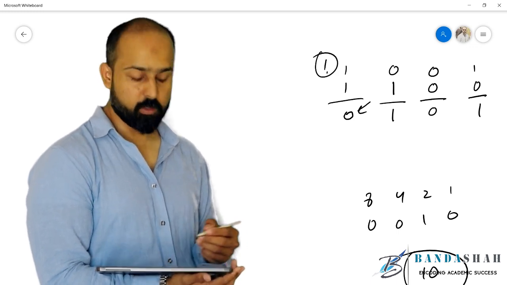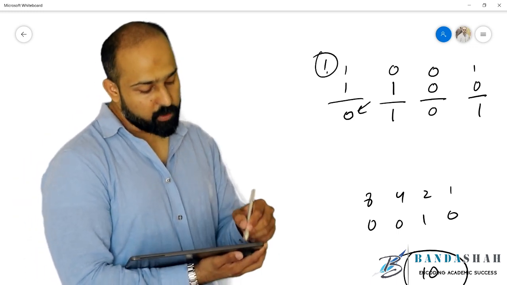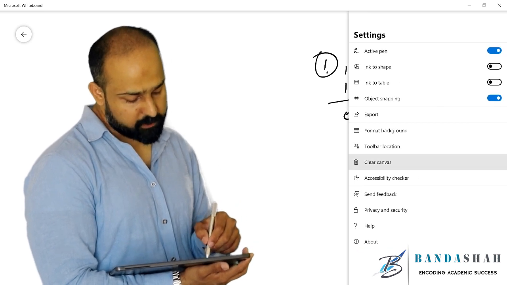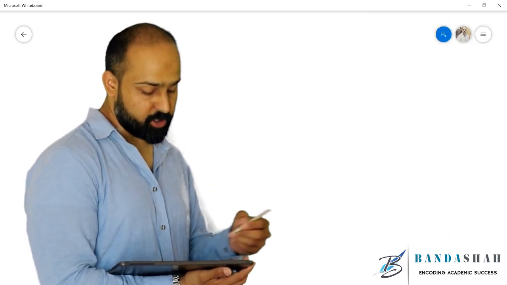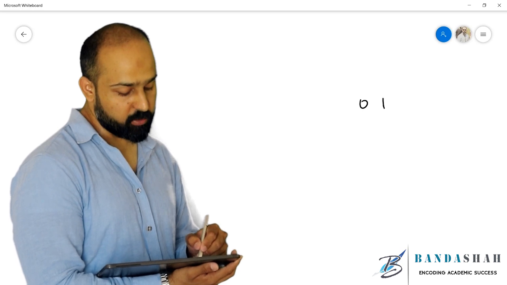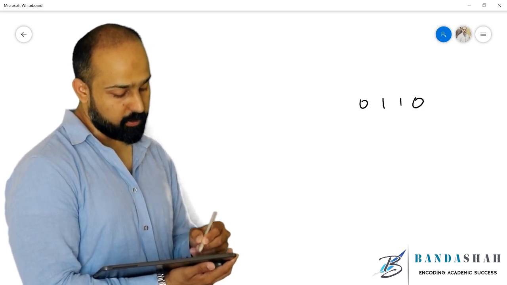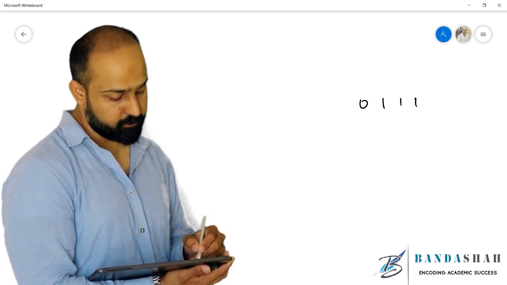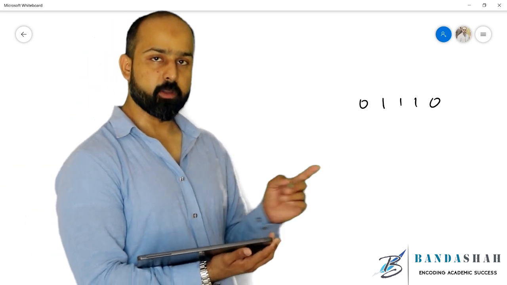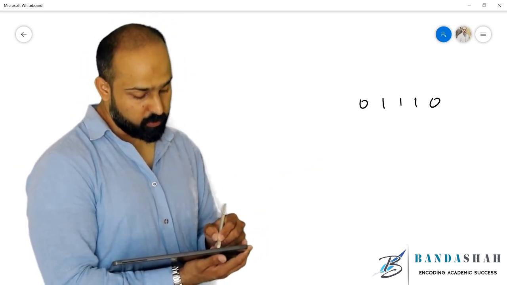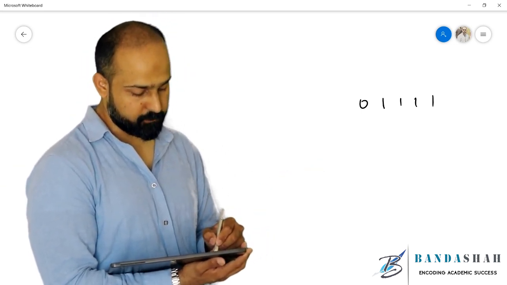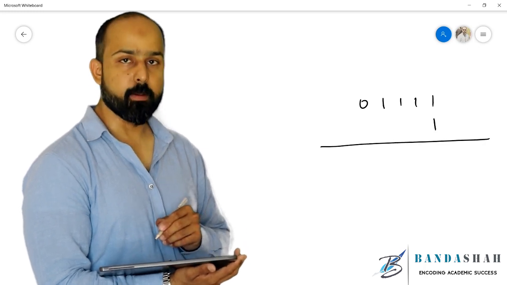So what if you come across a situation in binary addition where you have some value like this, and you have to add 1?